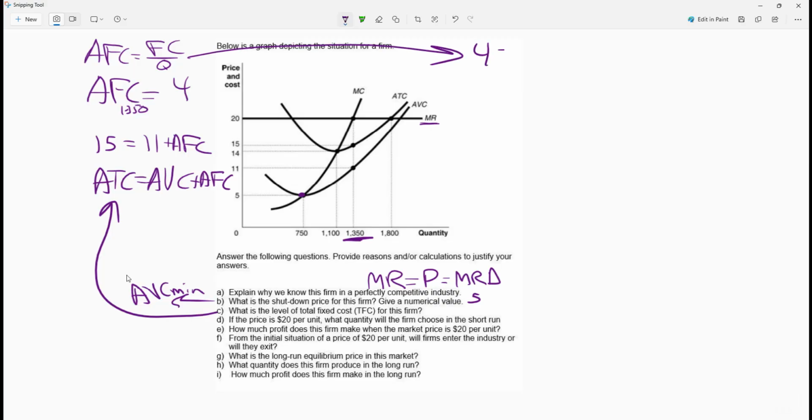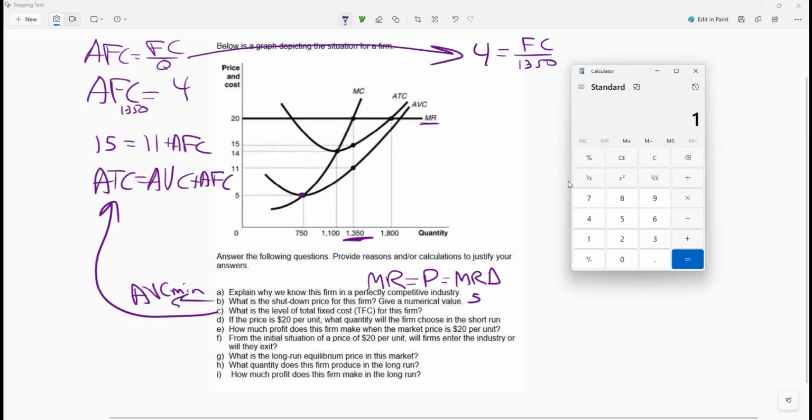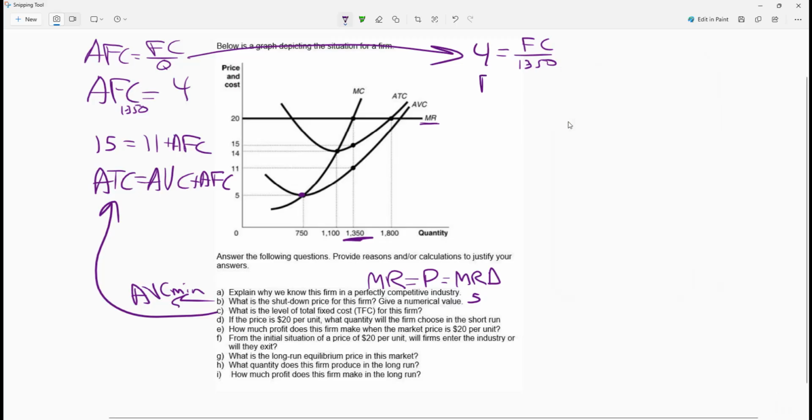So this would be 4 equals fixed cost over 1,350. And I just multiply both sides by 1,350. And let's see what that is. 4 times 1,350 is 5,400. So fixed cost is 5,400. So that is the answer, 5,400.